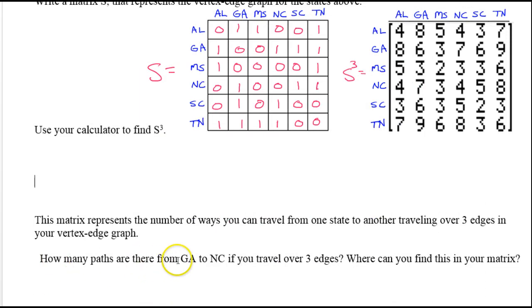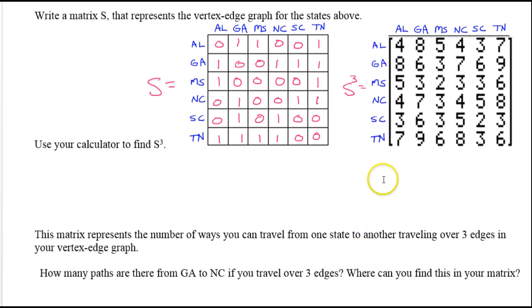So how many paths are there from Georgia to North Carolina using 3 edges? Let's see, Georgia to North Carolina, that's 7. There are 7 paths from Georgia to North Carolina using 3 edges.